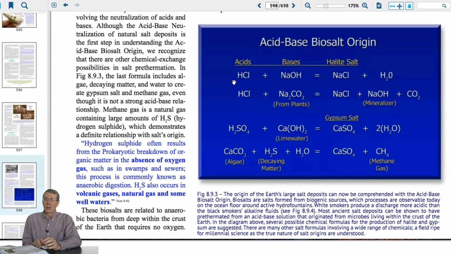What we find in nature is when you have certain microbes, they have byproducts. When they pass away, what's left over is hydrochloric acid, that's what this is, and sodium hydroxide, the base. These two things come from microbes when they die. And when we take these two things and put them together, they're two clear liquids, and when they're mixed together, they give us this H2O and NaCl.